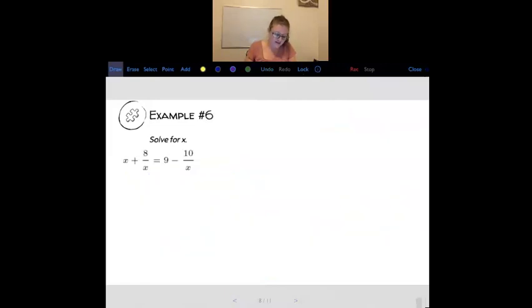Next, solve for x. So we'll use the same idea. I'm going to put my fractions over 1. In this case, we can get all denominators to just x. So for the first fraction, we need to multiply by x on the bottom, so we multiply by x on top.